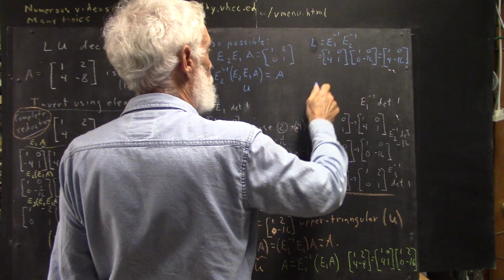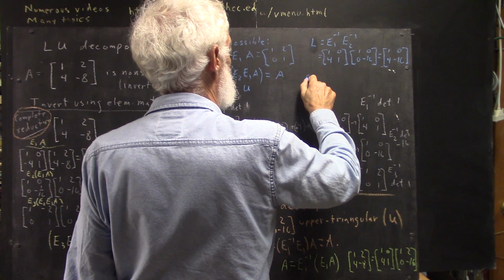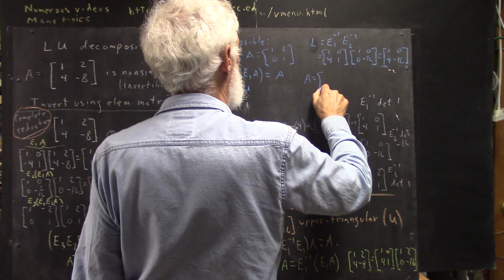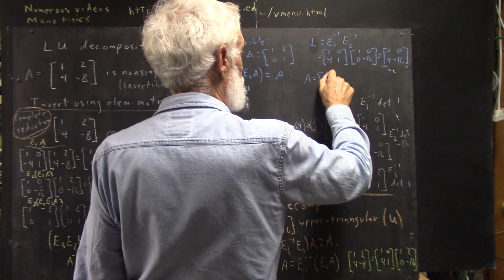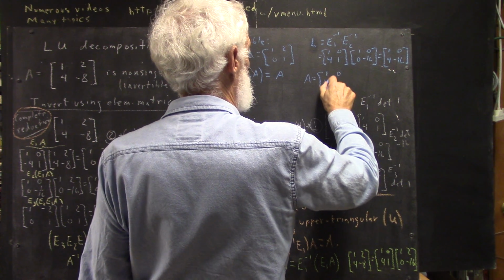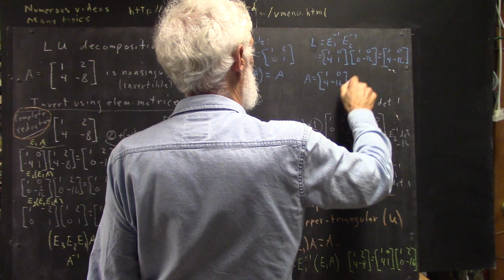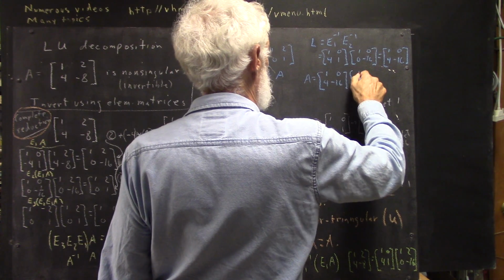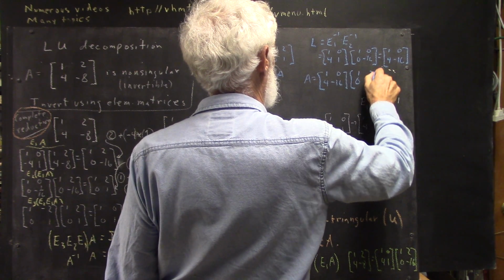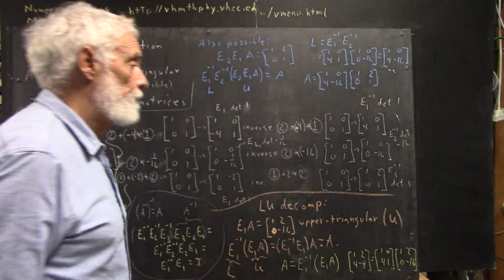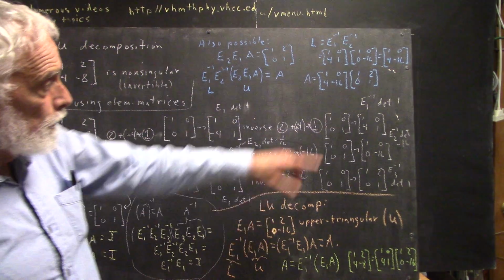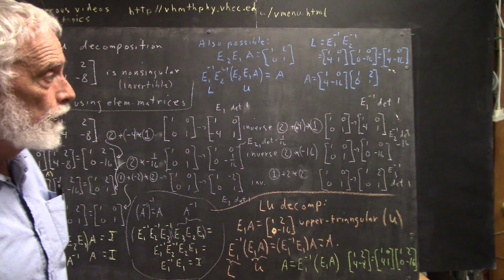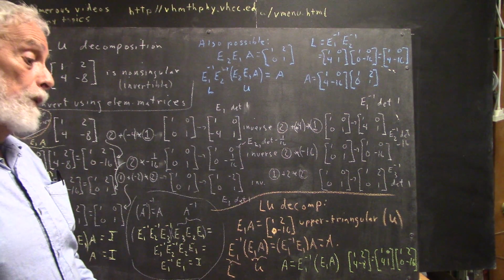So that A equals the lower triangular, 1, 0, 4, negative 16, multiplied by the upper triangular matrix, 1, 2, 0, 1. Okay, now we'll use this to solve a matrix equation that we solved earlier.